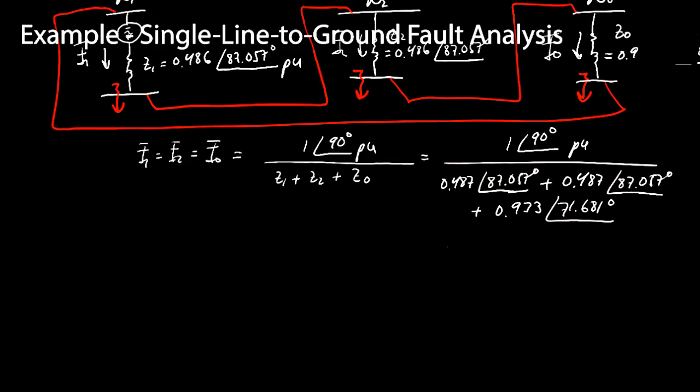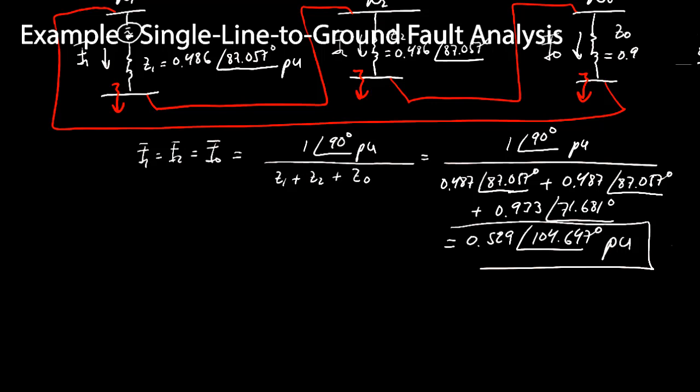So if I calculate this, I get that the positive sequence current, which is the same as the negative sequence and the same as the zero sequence, again for a single line to ground fault specifically, is going to be equal to 0.529 at an angle of 104.647 degrees in per unit.